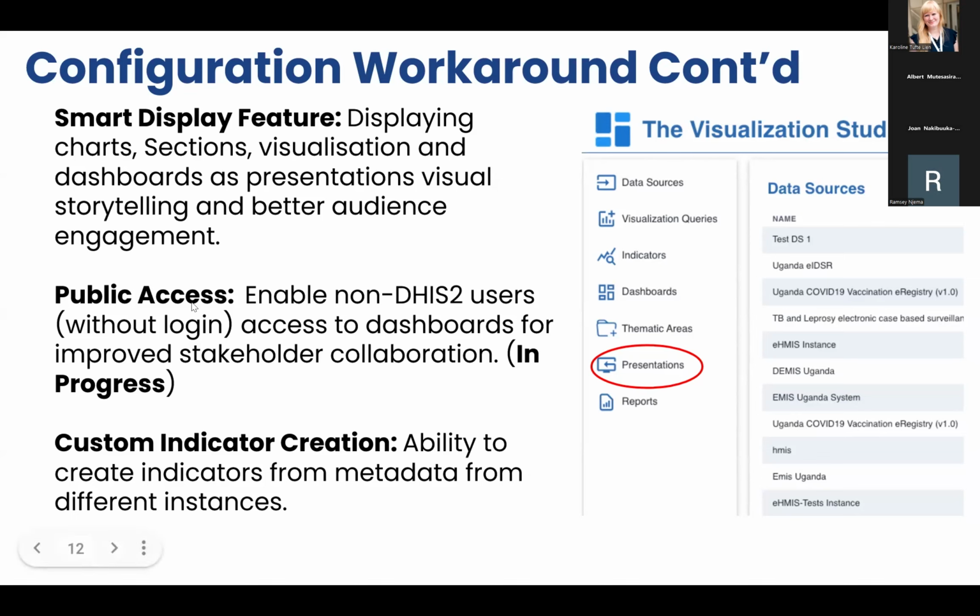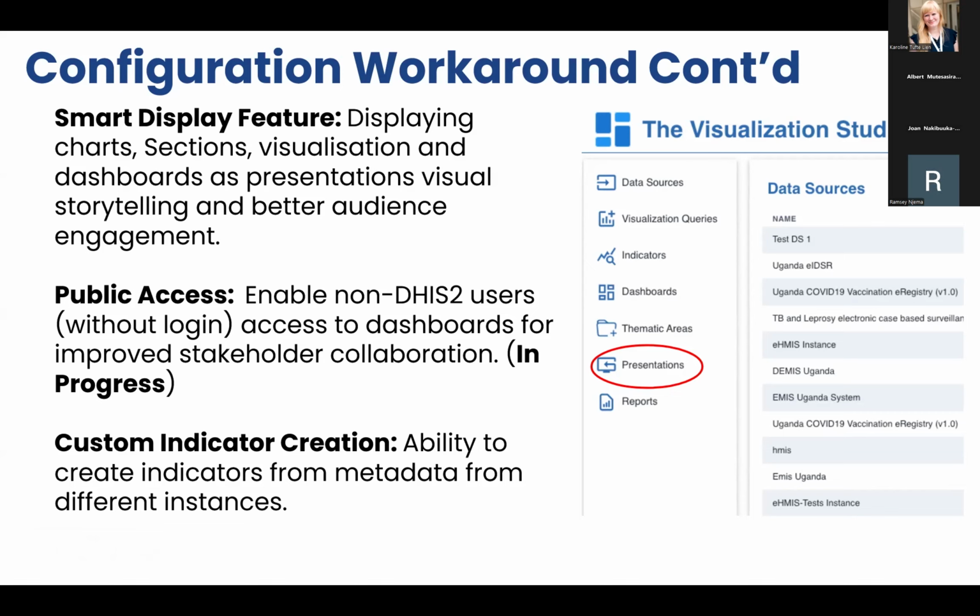We solved that problem with the Visualization Studio. You can create a single dashboard and have data from multiple DHIS2 instances visualized on that single platform. Not just DHIS2 instances, but also other systems and other sources like Excel, other systems through the API, etc.